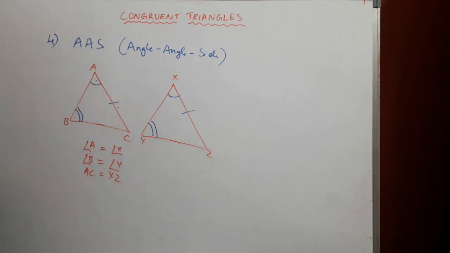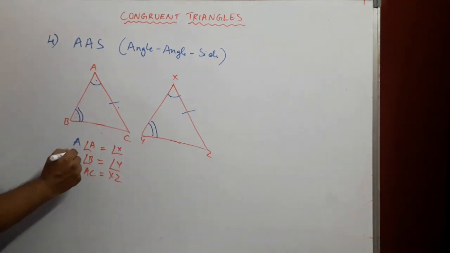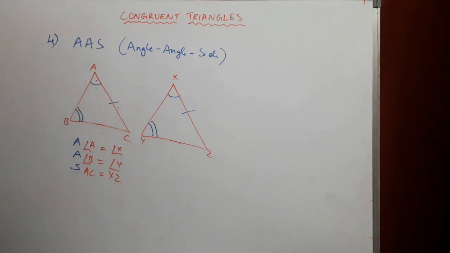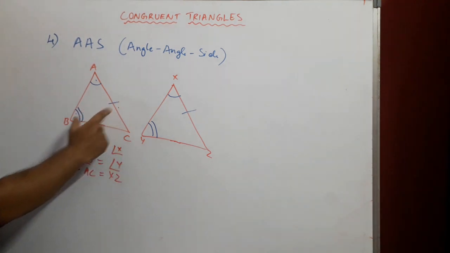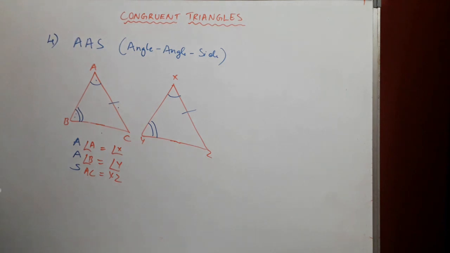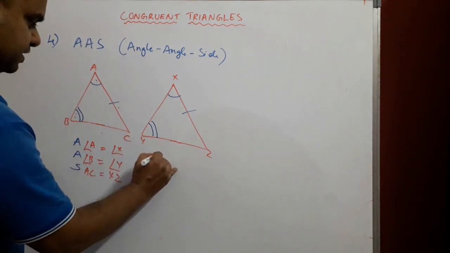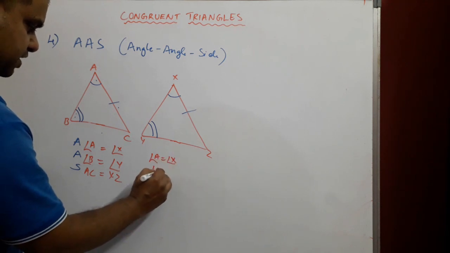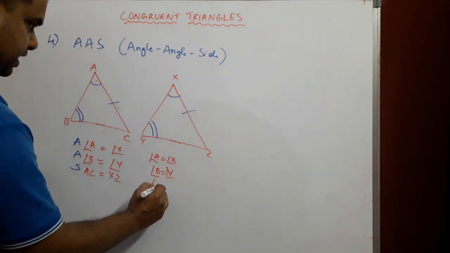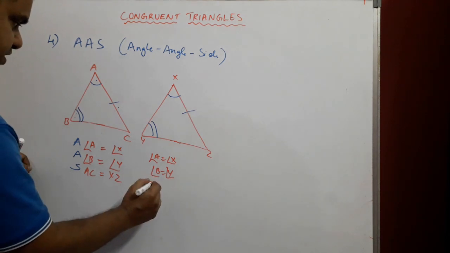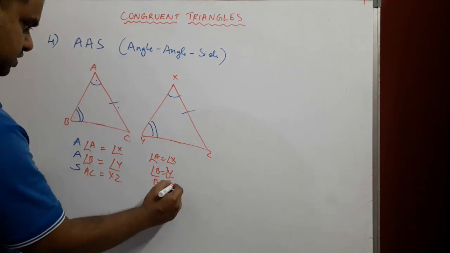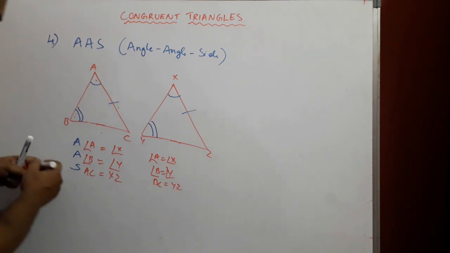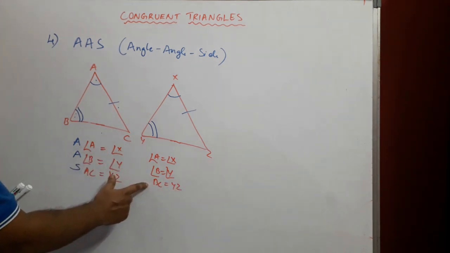So we have AAS, that is angle angle side. Now this side can change from here to even here, right? So it can also be angle A equal to angle X, angle B equal to angle Y, and BC equal to YZ. In both cases it will be angle angle side.